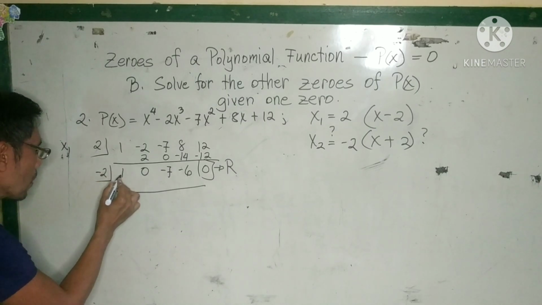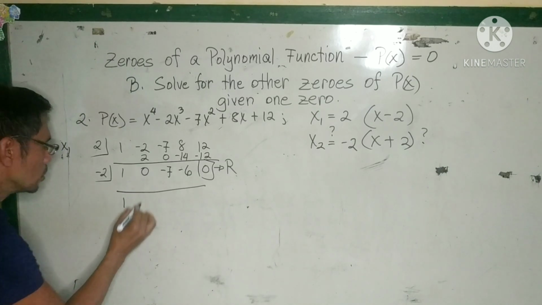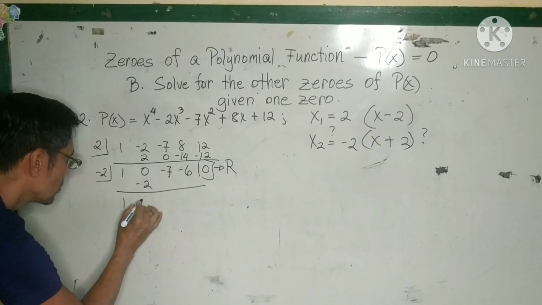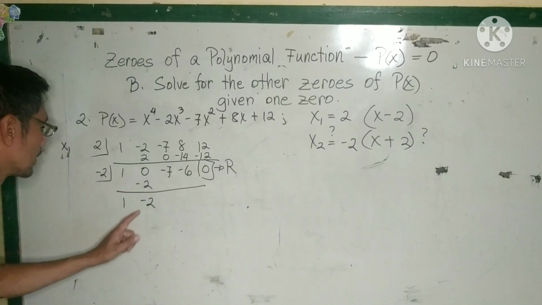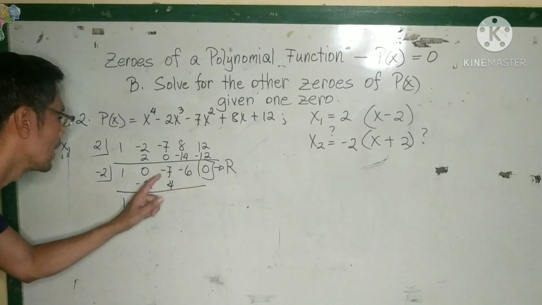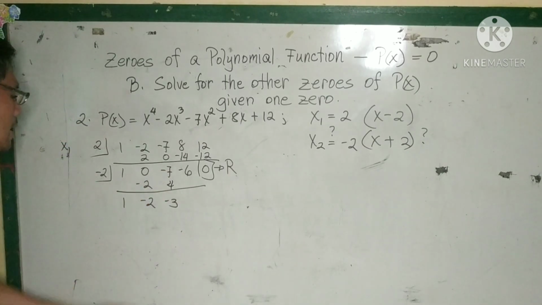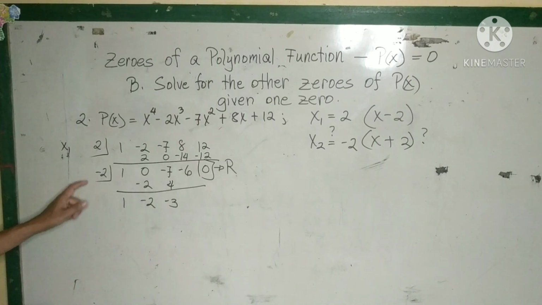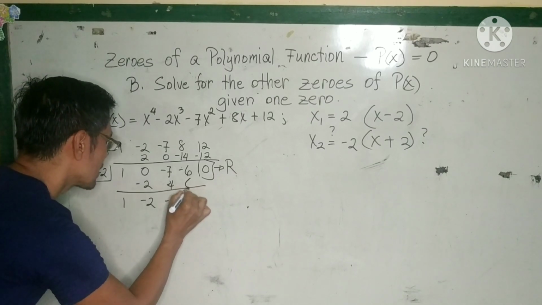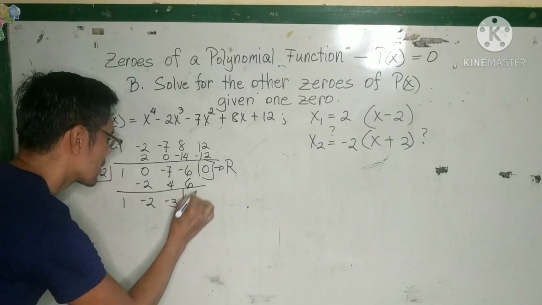Okay? So bring down 1. So we have 1. 1 times negative 2, we have negative 2. 0 minus 2, negative 2. Negative 2 times negative 2, that is 4. Negative 7 plus 4, we have negative 3. Negative 3 times negative 2, we have positive 6. And negative 6 plus 6, that is 0.